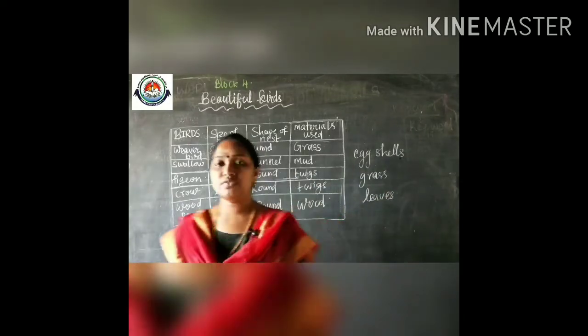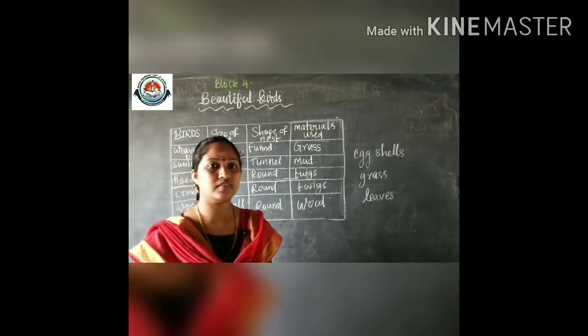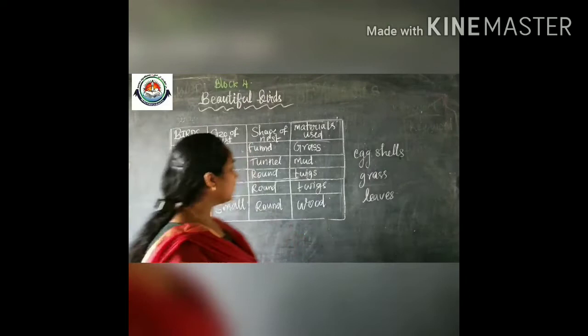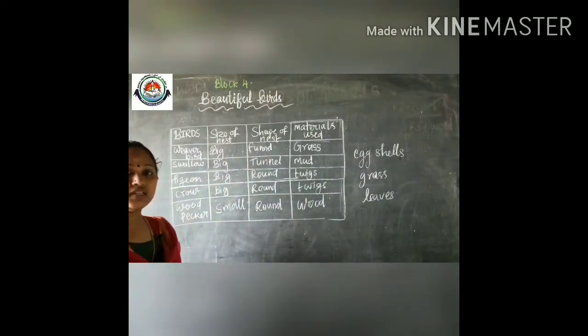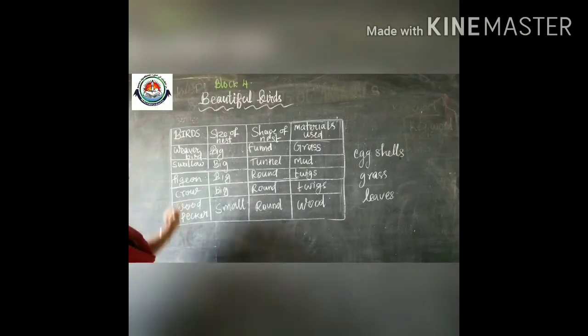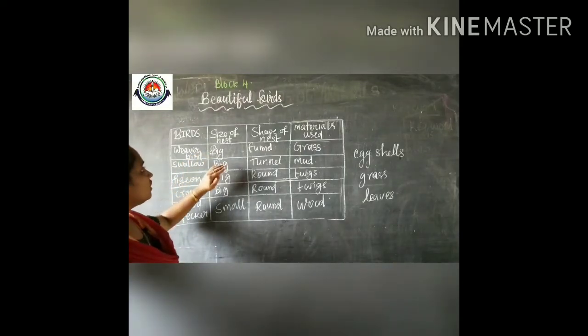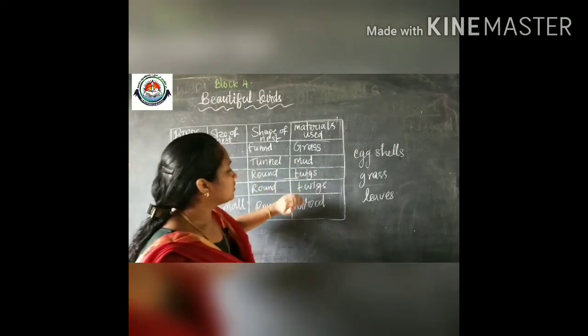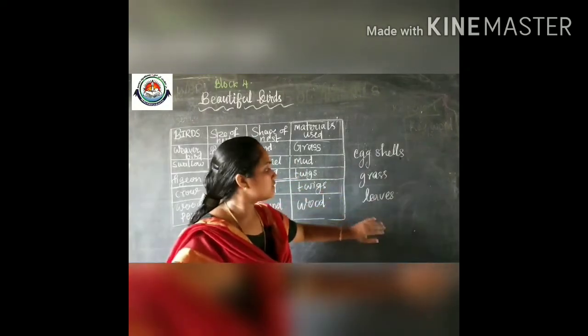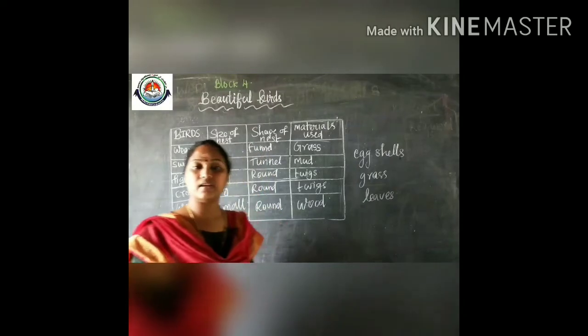Okay, in short we can say that the birds are using different materials to build their nest. They are using grass, mud, twigs, wood, eggshells, leaves, etc. to build their nest.